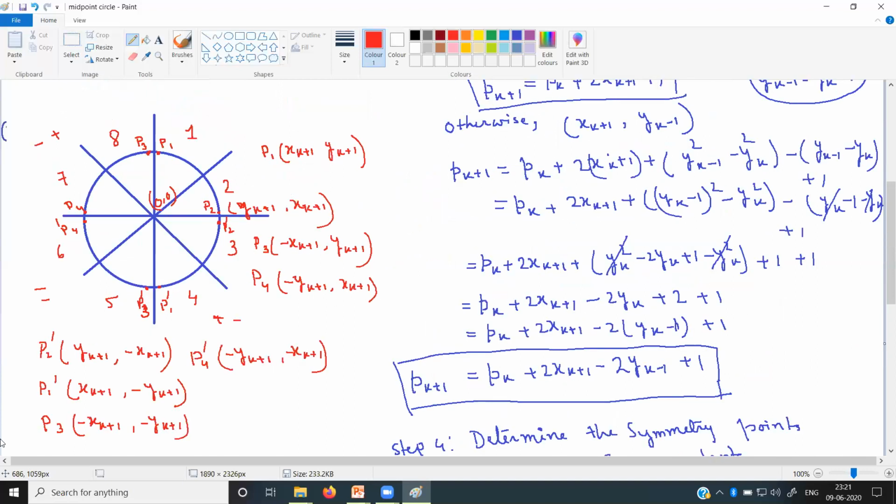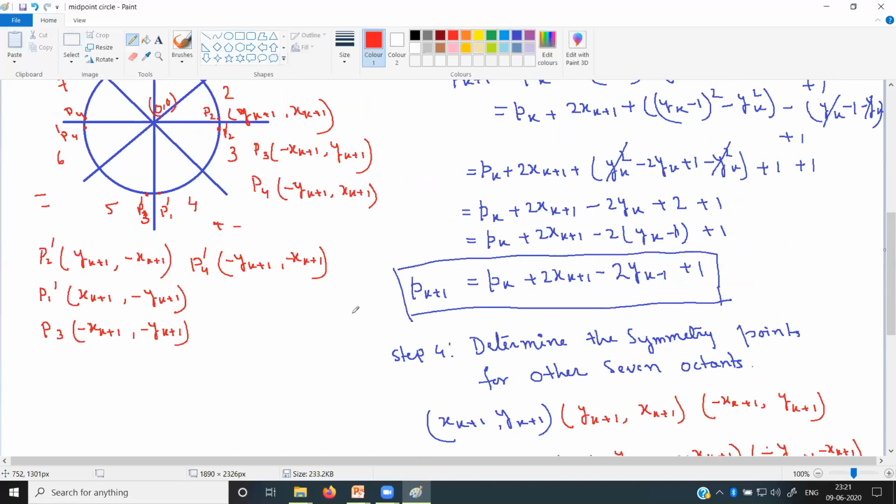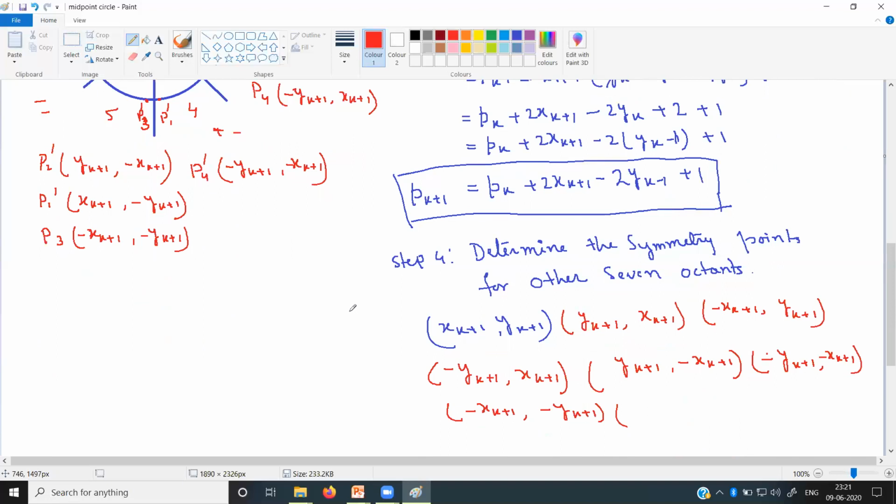So 7, 8. So here all the 8 points are there. I missed one: you can check, this one I missed, so I have to write it like that: x of k plus 1 and minus y of k plus 1. Fine. So in this way, you have to generate all the points on the octant.